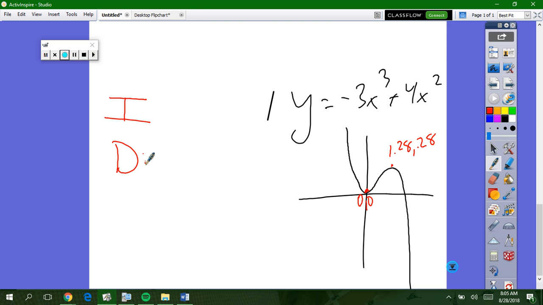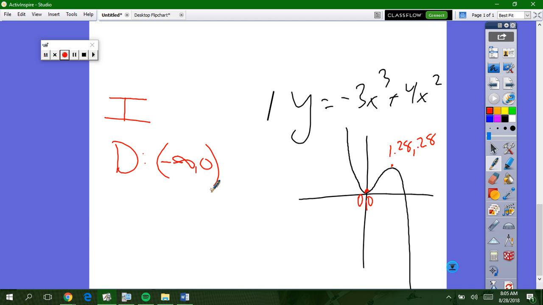The first part we have is decreasing from negative infinity to 0. Now, what 0 am I talking about? Am I talking about the x value or the y value? I'm talking about the x value, because from negative infinity for the x to 0, my y values are decreasing. Makes sense. Do we have another decreasing interval?